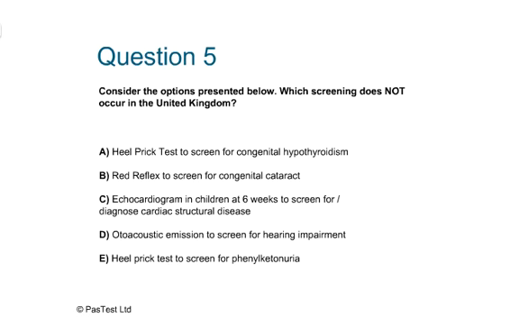Echocardiograms at 6 weeks are not used to screen for heart disease. The otoacoustic emission test is now used as the screening test in the Universal Hearing Impairment Screening Program. So, the answers to this slide are: A is false, B is false, C is true, D is false, and E is false.